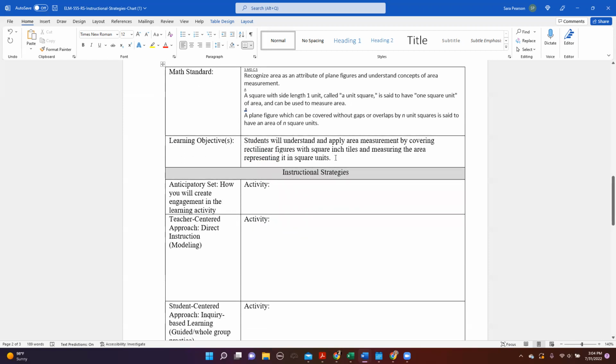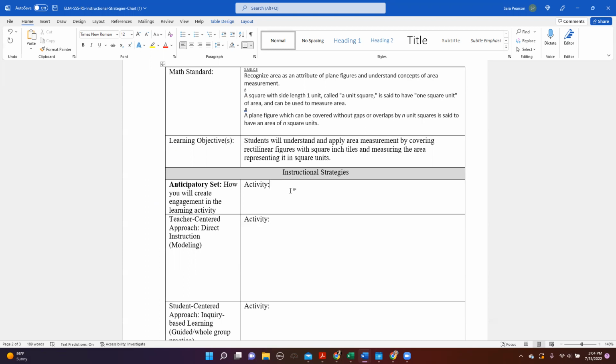Okay, so now I'm going to go ahead and look at what activities or instructional strategies I want to do here. So the first one is the anticipatory set. Now this part of the lesson is really just a very short portion, and it doesn't start the teaching yet. The biggest mistake I see in many students in all my classes is they start showing a video and teaching students about the concept in the anticipatory set.